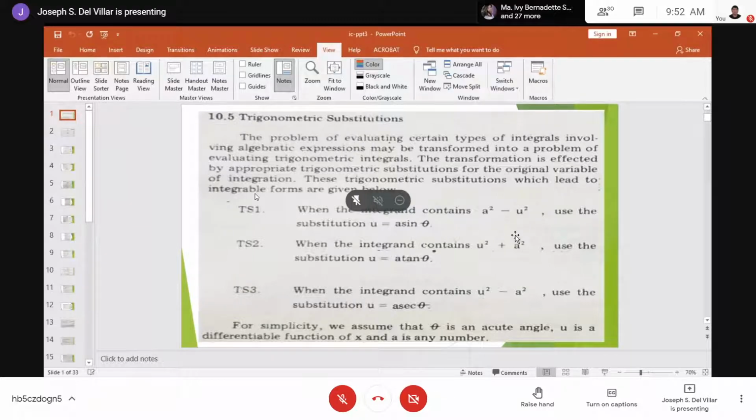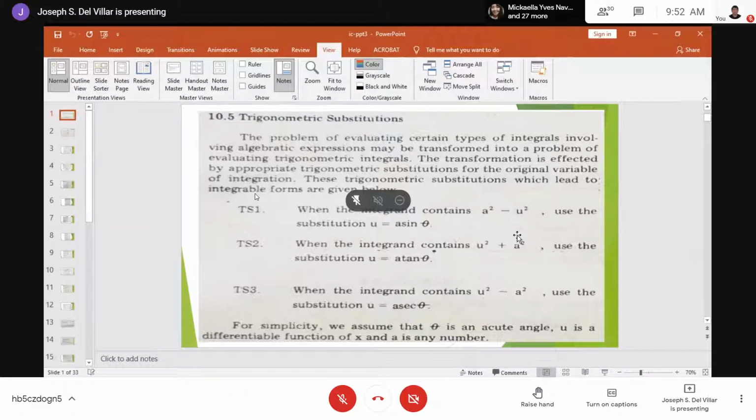Of course, you can take any letter, no? So it can be x, y, or any other letter, as long as a is the constant, okay? So if the constant is the first one written, so a squared minus u squared, this integrand is transformed using a substitution.